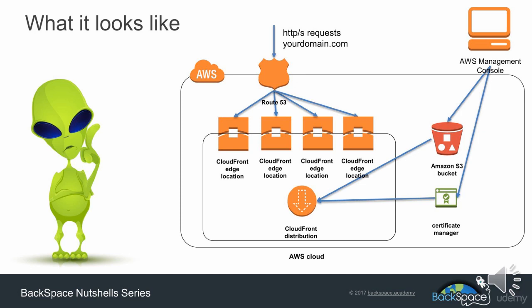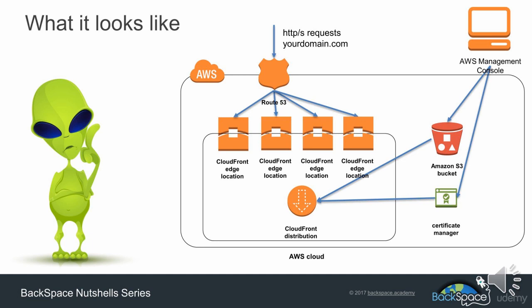We're also going to use the CloudFront service with HTTPS, and so it'll be doing that decryption for us. And so we've already created our certificate in the Certificate Manager, so we're going to reference that in our CloudFront distribution.